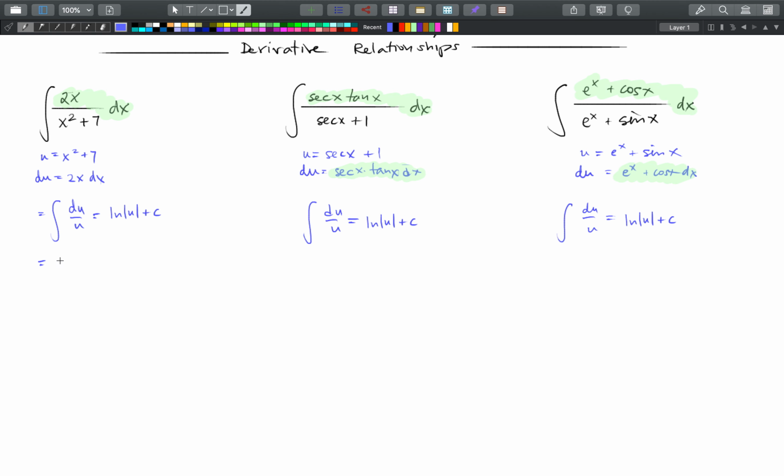And of course, the u is different in each context, and that's the only thing that distinguishes one of these problems from the other. So this last one should be e to the x plus sine x.